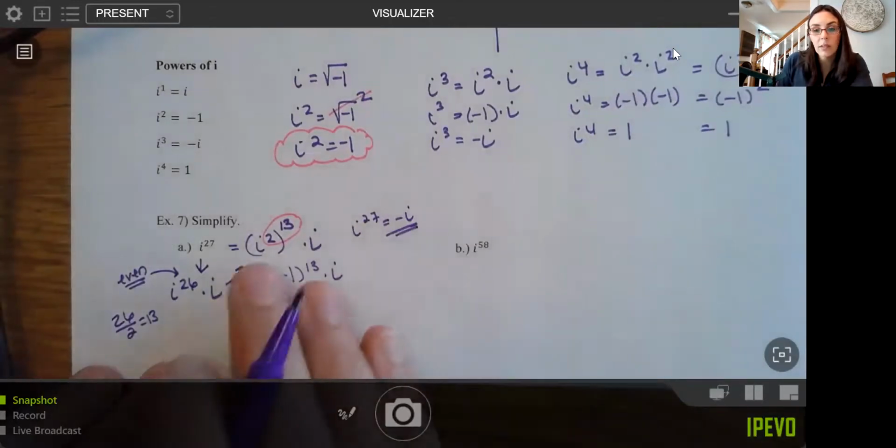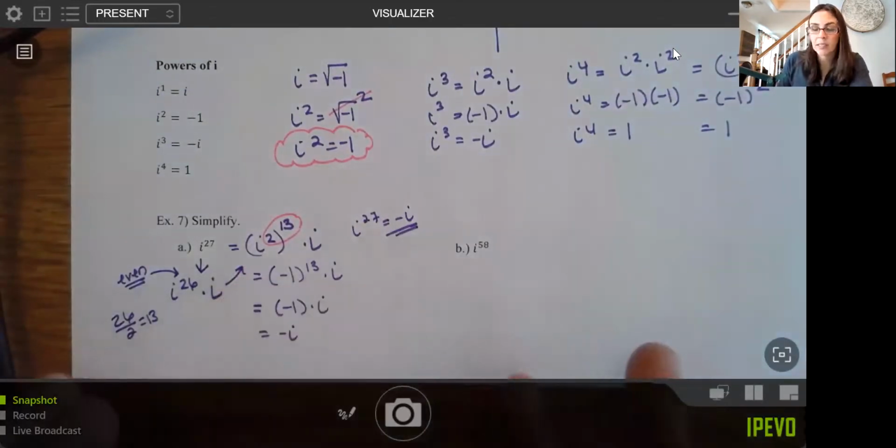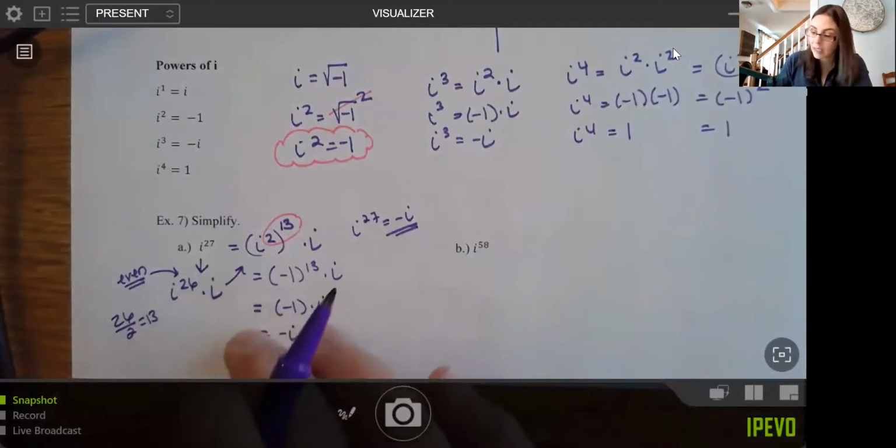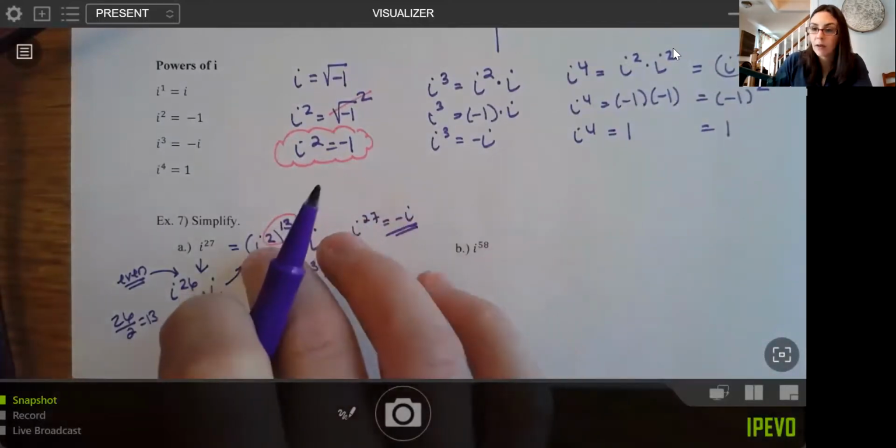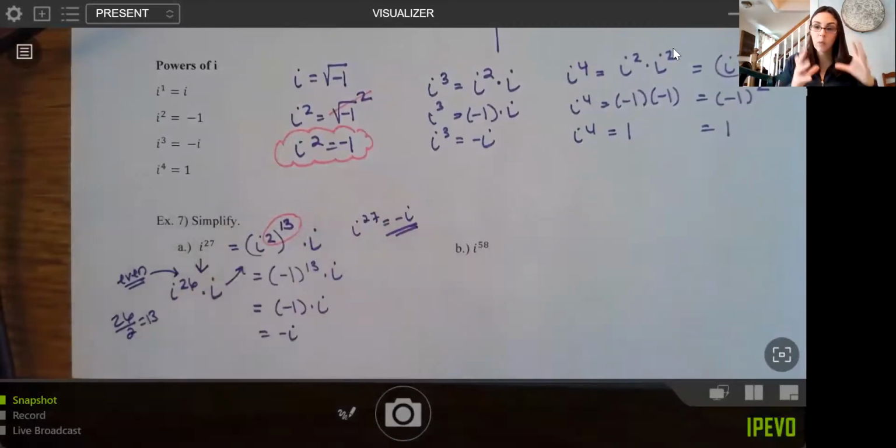So when you're doing these, and again, you can look at your book, they have used a slightly different strategy. But for me, I look at it like, okay, everything comes down to that square. If I can break things into i squared, then I can get started because I know i squared is -1.